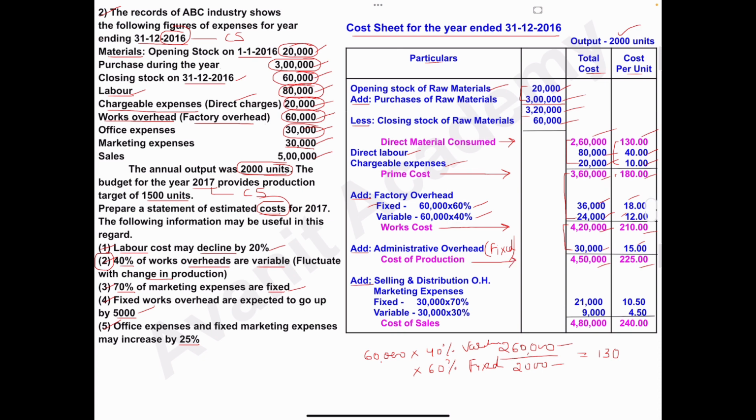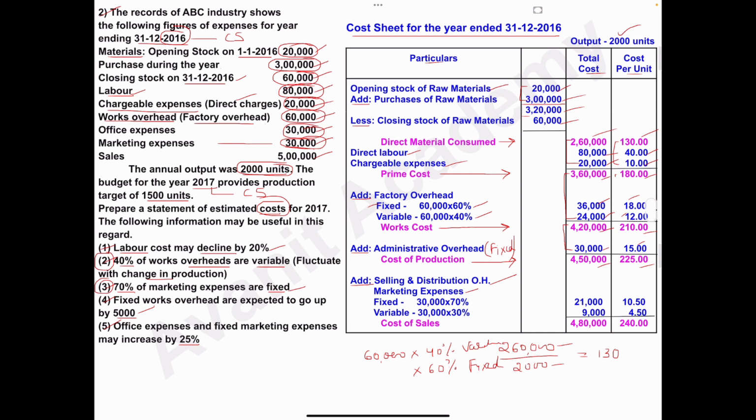Add selling and distribution overhead. Marketing expenses, that is 30,000. Read the third point: 70% of marketing expenses are fixed. We have to take 70% as fixed marketing expenses and the remaining 30%, from 100 minus 70, as variable marketing expenses.